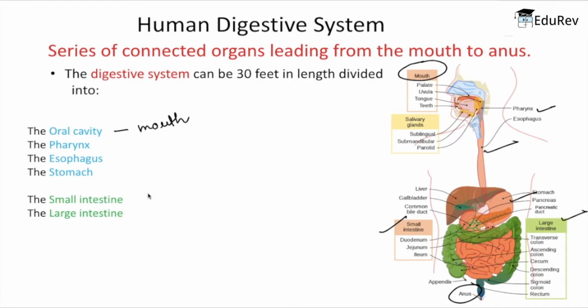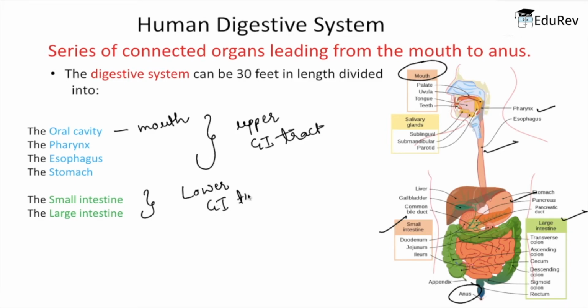Here the oral cavity, the pharynx, the esophagus and the stomach are the upper part of our gastrointestinal tract. And the small intestine and large intestine are the lower part of our gastrointestinal tract. Apart from these, there are many other glands and organs which also help in the process of digestion.